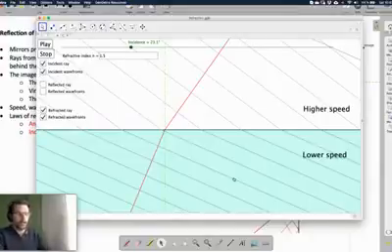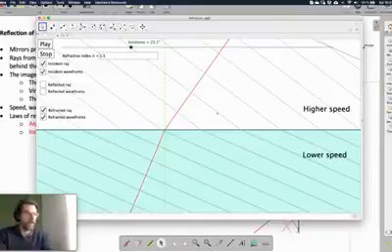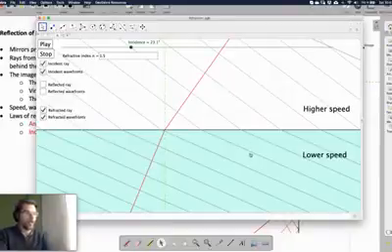Wavelength, you might have heard that term before. And it changes when moving into a medium through which the speed is different. Through the faster medium, the wavelength will be bigger than through the slower medium, as you can probably see in this diagram.